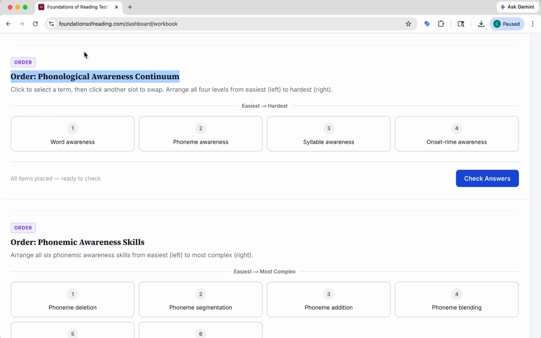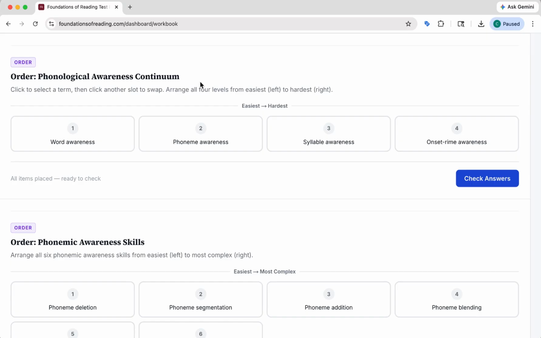Notice that your exam will ask you to demonstrate your understanding of the phonological awareness continuum, which means when we as teachers teach phonological awareness, it is our job to not just haphazardly or randomly select the lessons, but there is an effective approach that studies have shown.